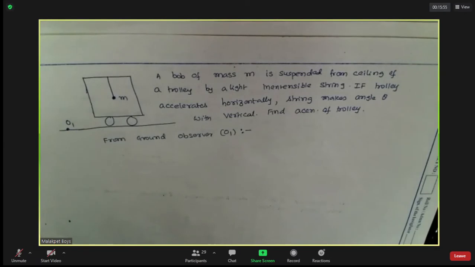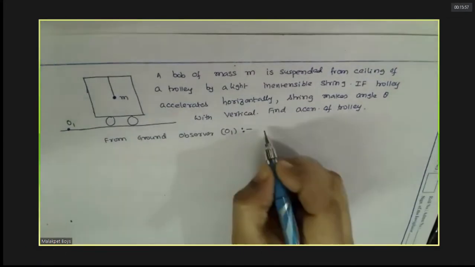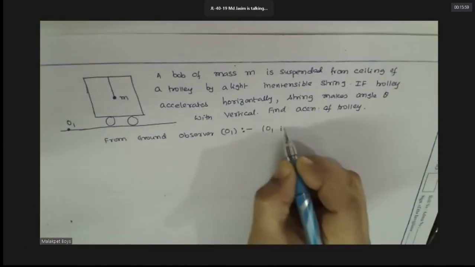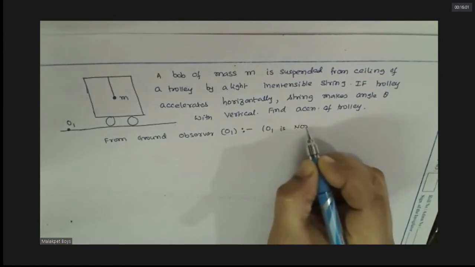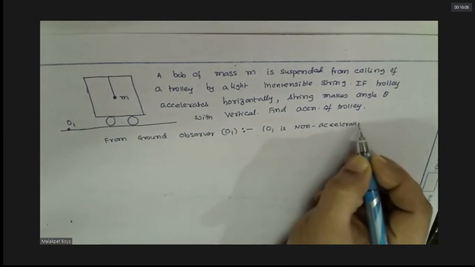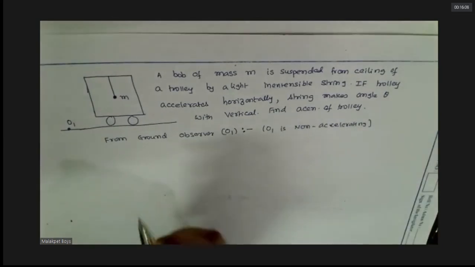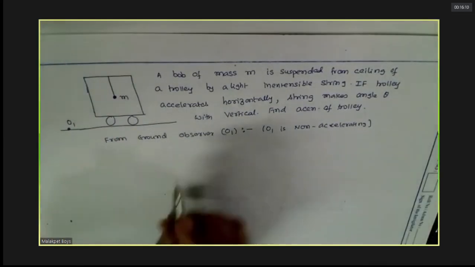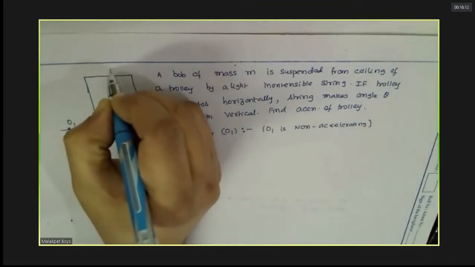Ground observer means he is non-accelerating. Now, what does this fellow see? He sees that this point is there now.